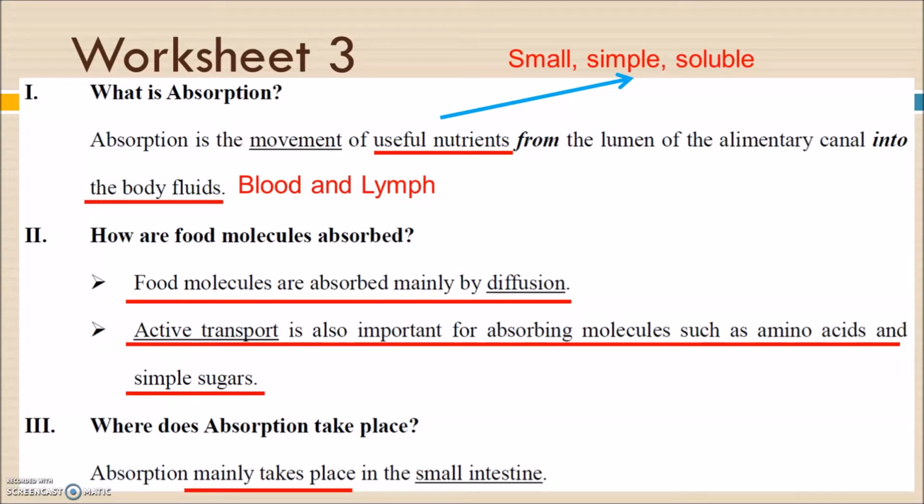Once the food is simple enough, small enough, and soluble, it can be absorbed. For example, water and salt can be absorbed directly, or even alcohol. So remember the keyword mainly.